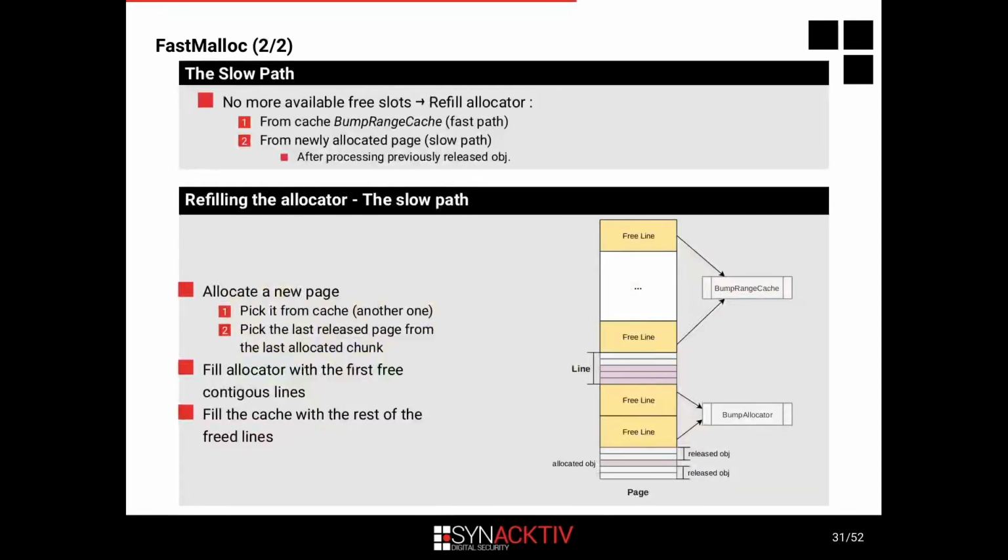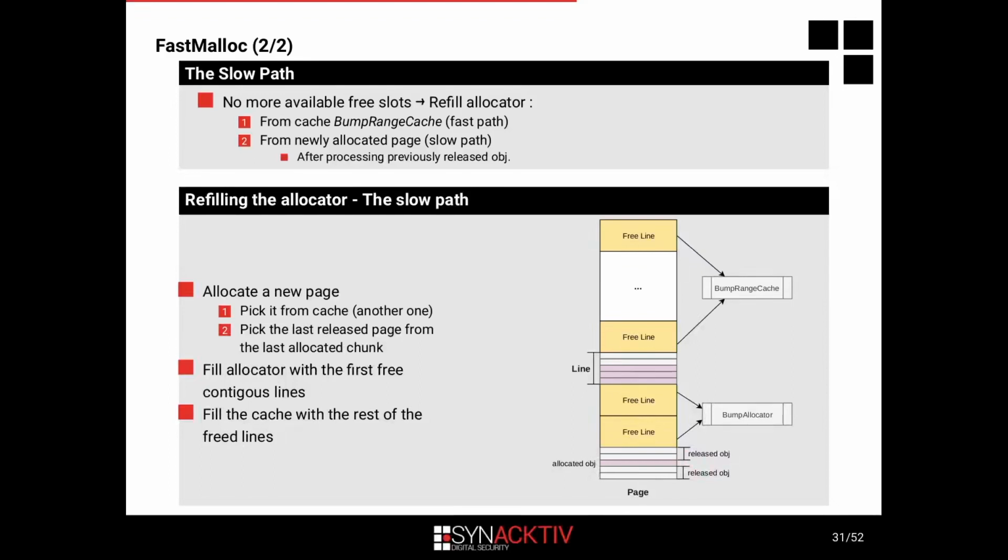The slow path is a bit more complex than the fast path. Its goal is to refill the allocator. To do so, it will use several methods. For example, the slow path will look in many caches to see if there are objects available to refill the allocator.